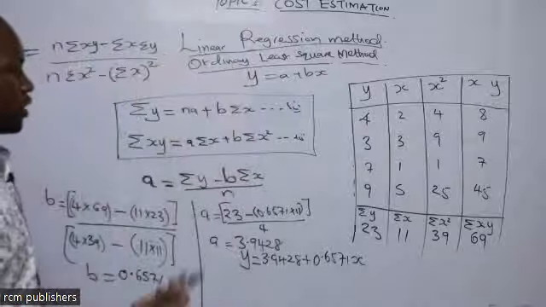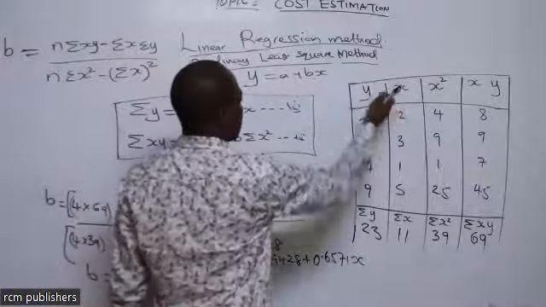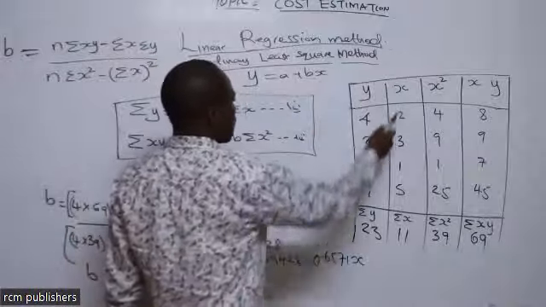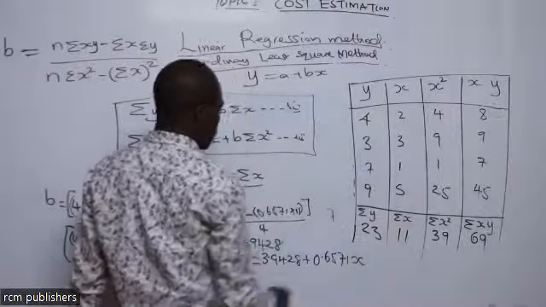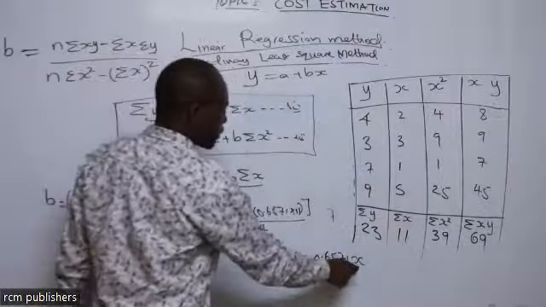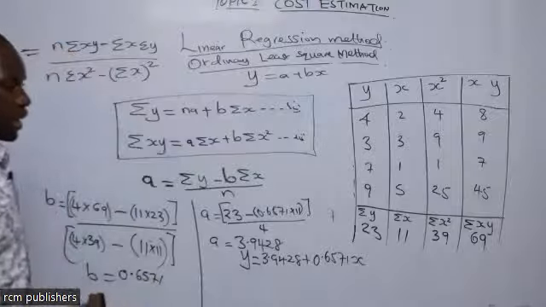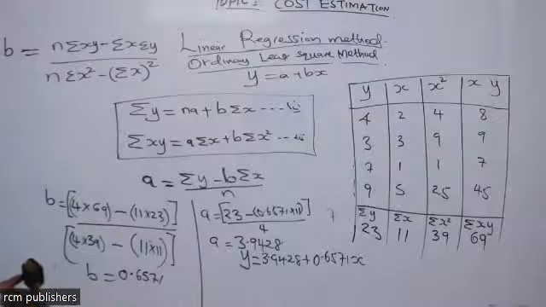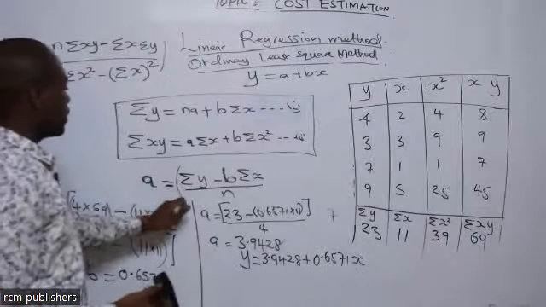So if you are told to estimate the total cost that will be incurred in the month of May, if the value of X here is 7, you simply replace X by 7 to get the value of Y. That's all.